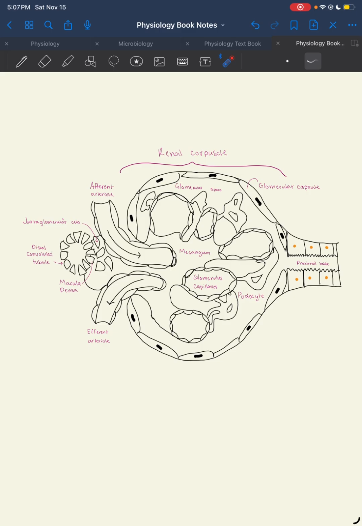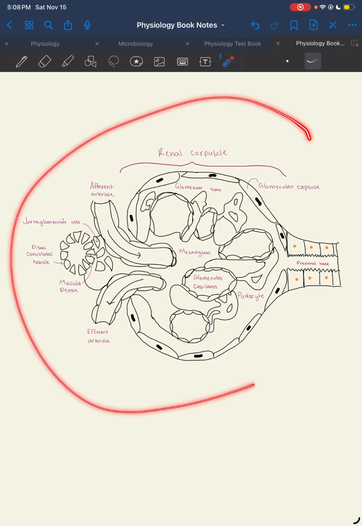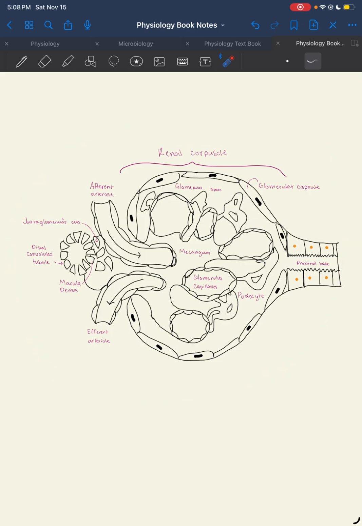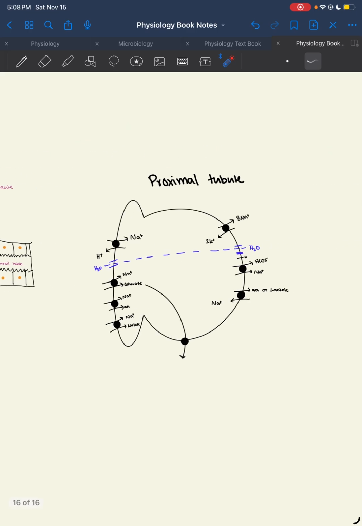When you subtract the forces opposing filtration, you get the net filtration pressure, which is about 10, which moves filtrate into the Bowman's capsule. That is all right here, my beautiful drawing.